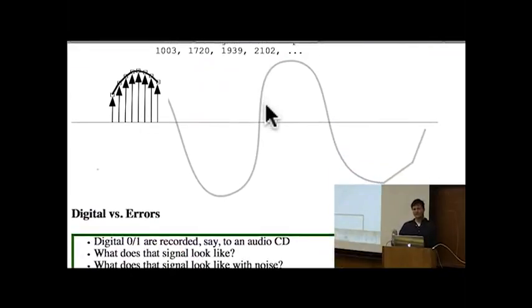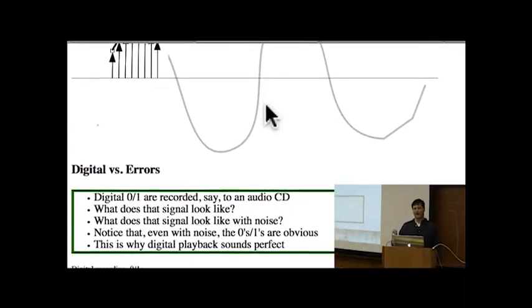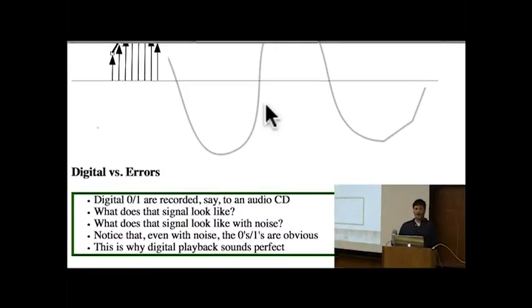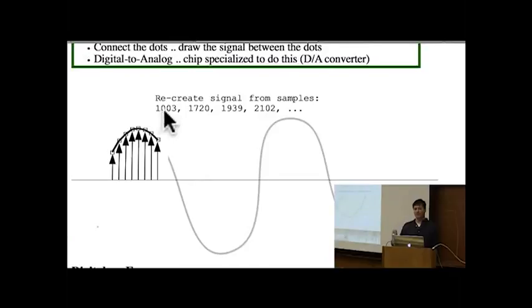All right, so the first thing I want to think about is errors. There's going to be one big advantage for digital. And so when I described that I'd recorded this thing as numbers, 1003, 1720, or whatever, I'll take as covered earlier. So really, when I say numbers, that means in the computer, it could be just zeros and ones. 1720 is just a pattern of zeros and ones that represents that.